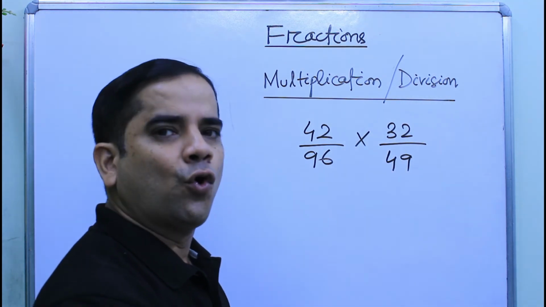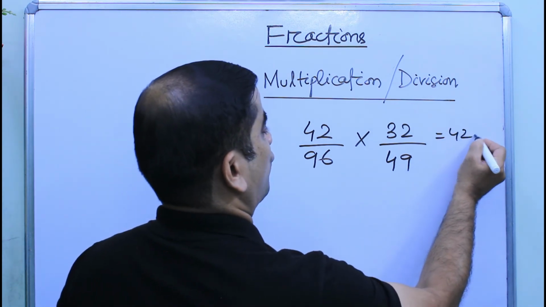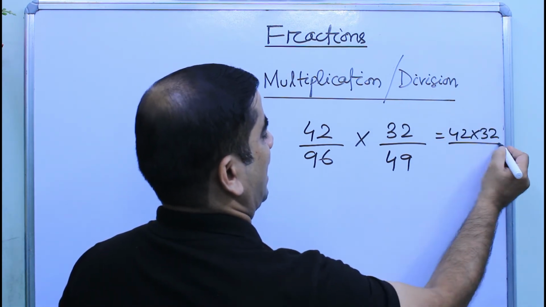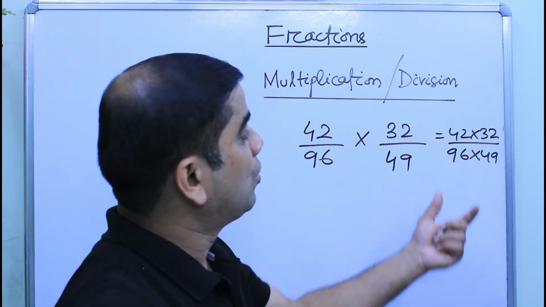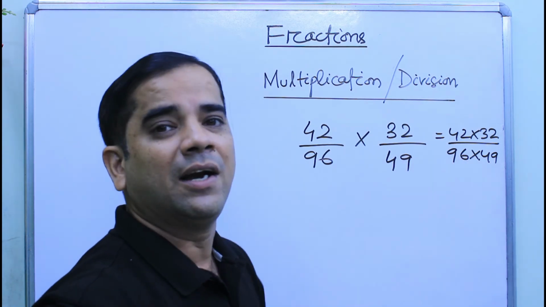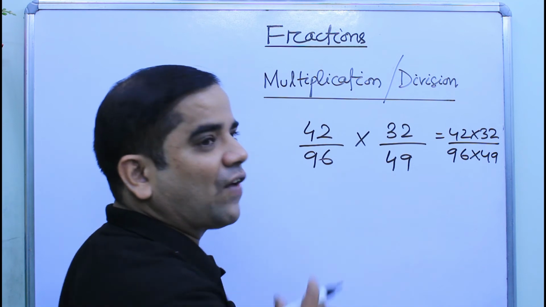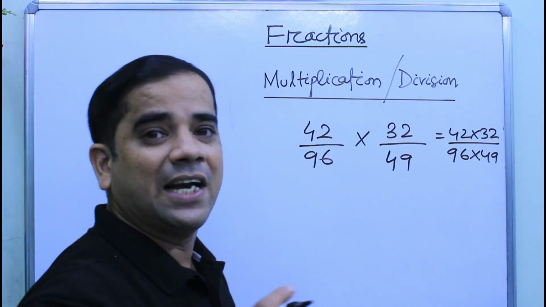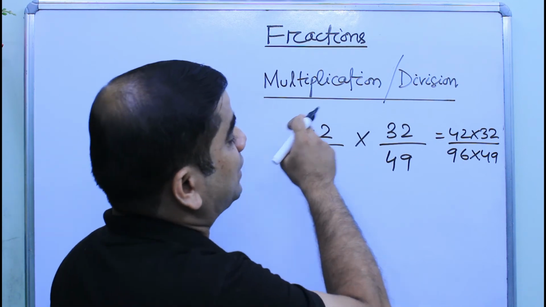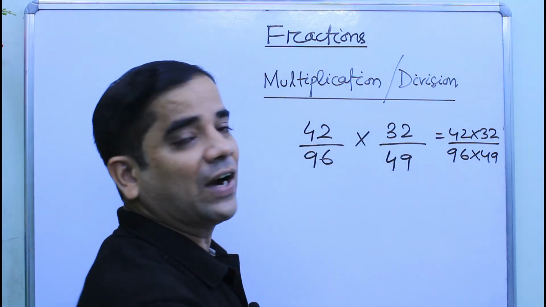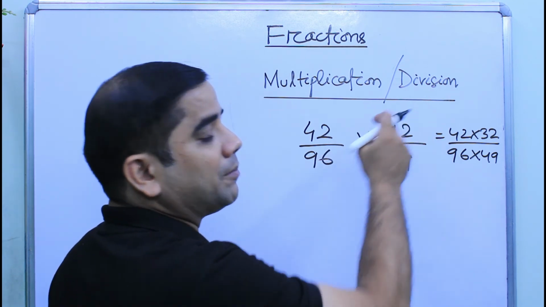If you go for the second method, which is to multiply 42 into 32 and to divide it by 96 into 49, we need to go for the multiplication of bigger numbers. But if we look into the fractions, we can find the relationship between the numerator of the first fraction with the denominator of the second fraction, and the denominator of the first fraction with the numerator of the second fraction.